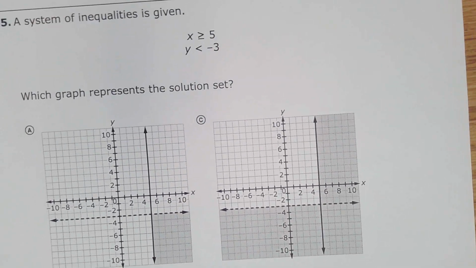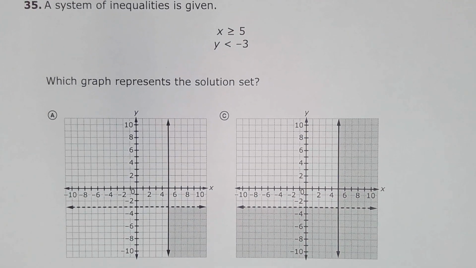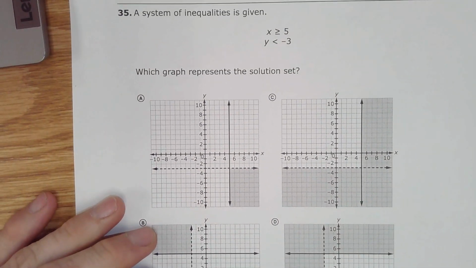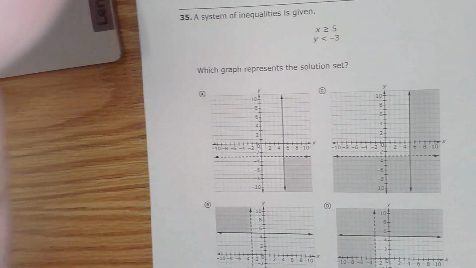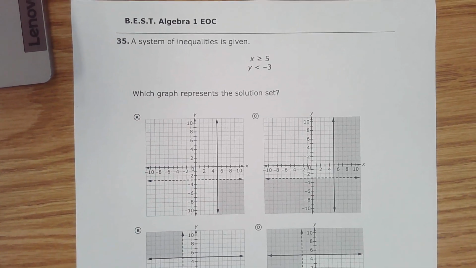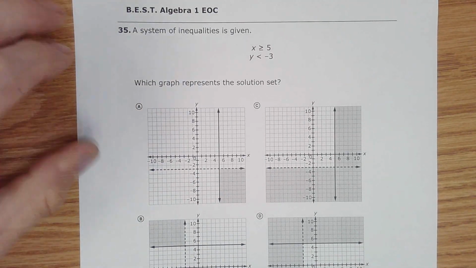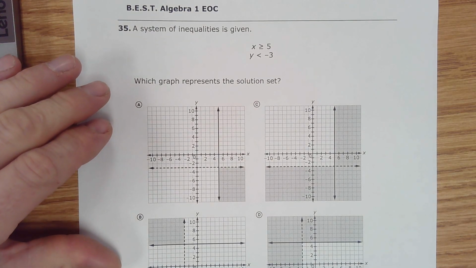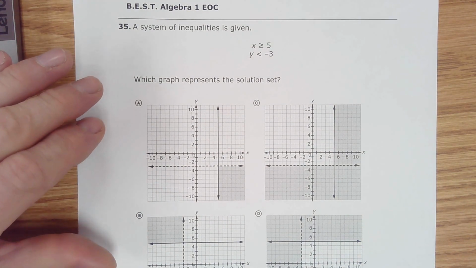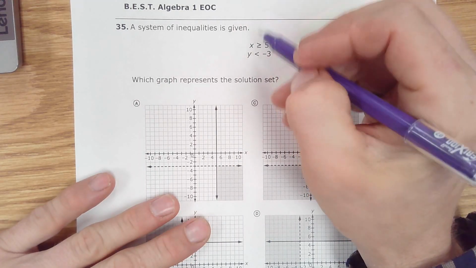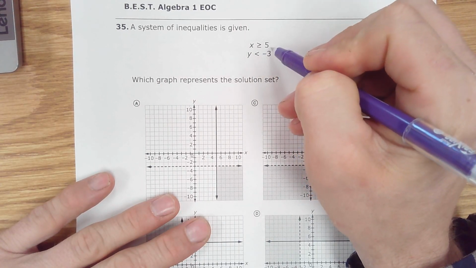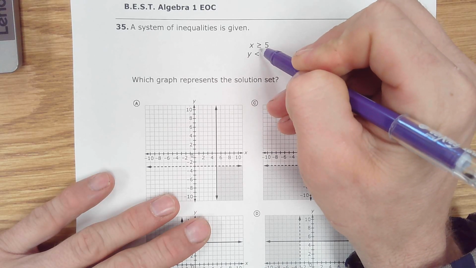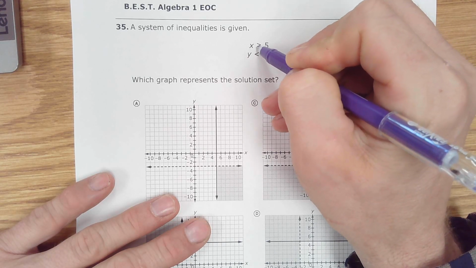Okay, so now I have these 2 systems of inequalities. The first thing I can do is look at the differences right away. The first difference that I see is that x is less than 5 and y is greater than -3, but it's not just less than 5, it's less than or equal to.